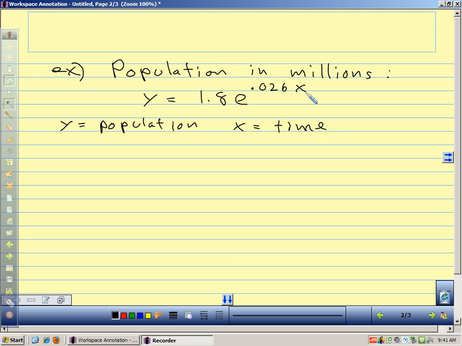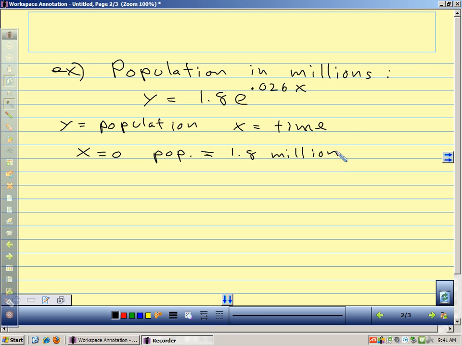At time 0, if I plug in 0 for x, e to the 0 is 1. So our population at time 0 is just 1.8 times 1, or 1.8 million. So at x equals 0, that's what this model tells us, the population equals 1.8 million.